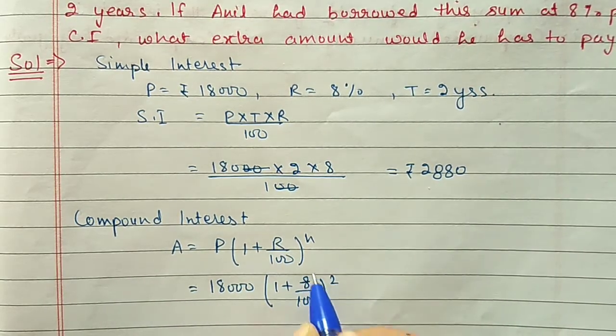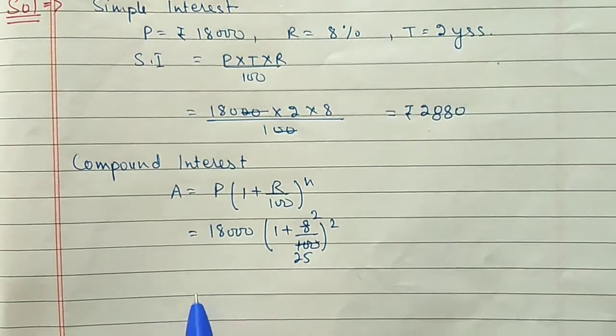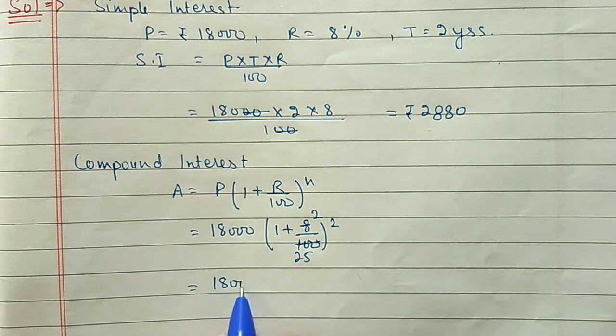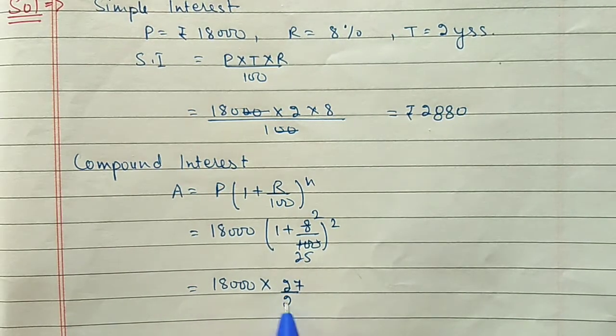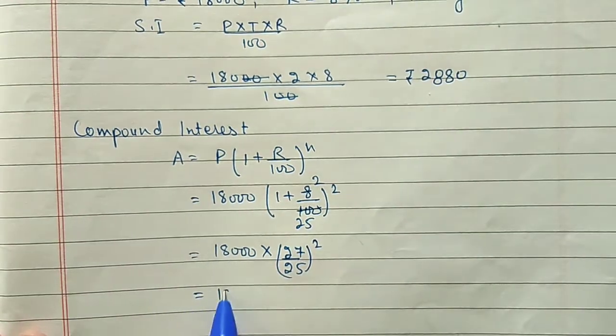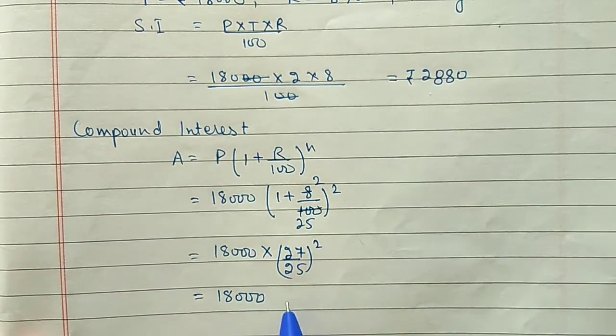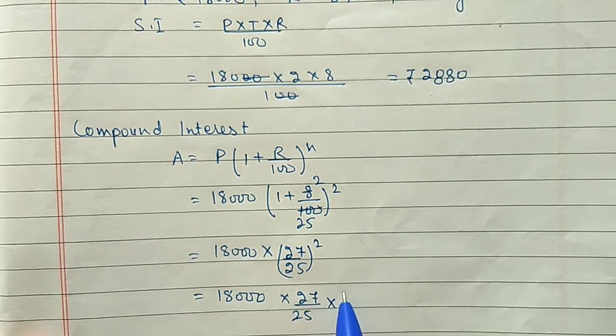This you can cancel with 4, and after taking LCM you will get 27 by 25 to the power 2. So power 2 means we have to write 2 times, 27 by 25 into 27 by 25.